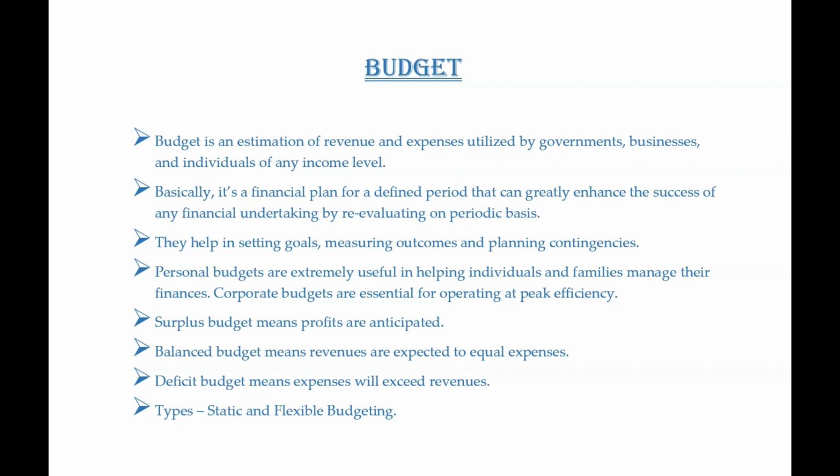So that brings us to the types of budget. In the types we have static and flexible budgeting. As the name itself says, static will remain unchanged. In a budget, whether personal or corporate, there will be some things which we cannot change.